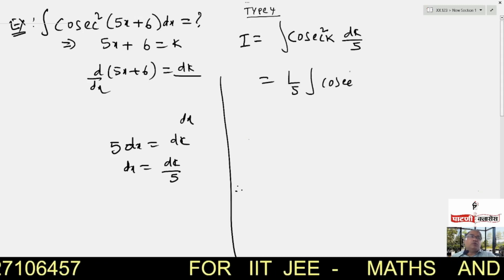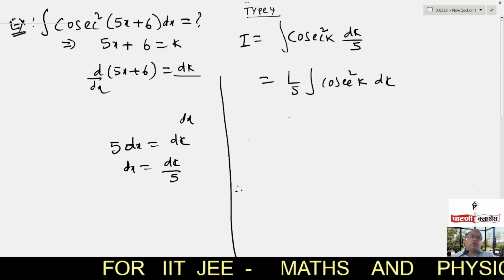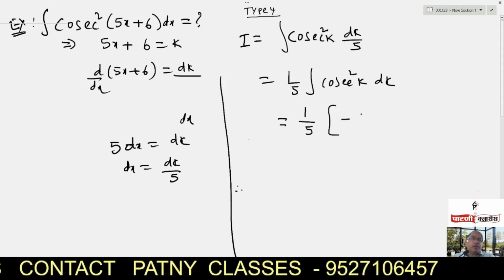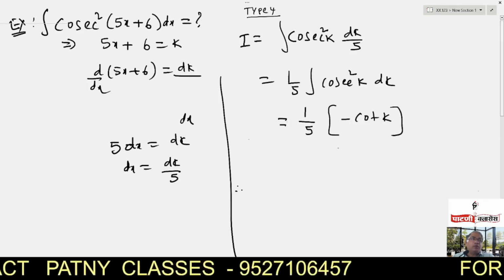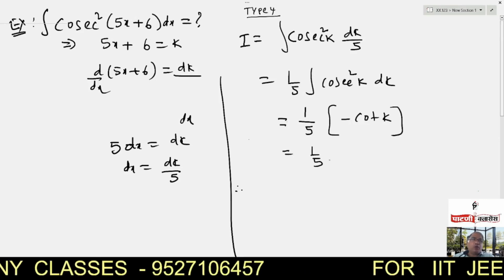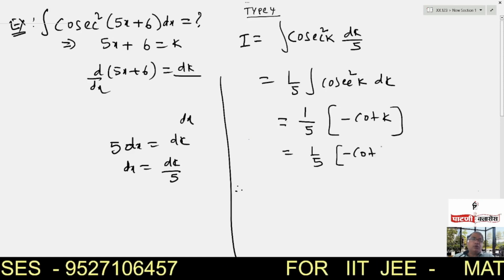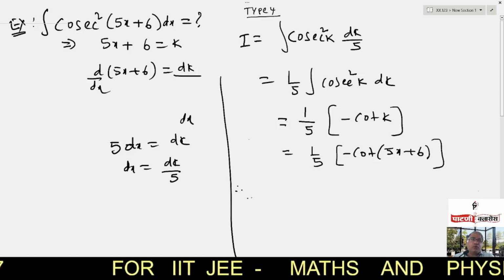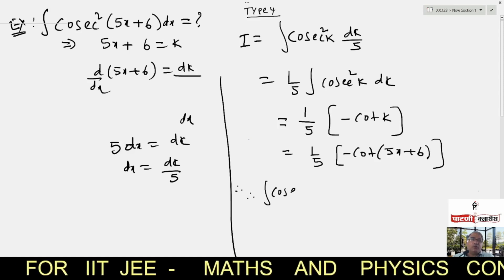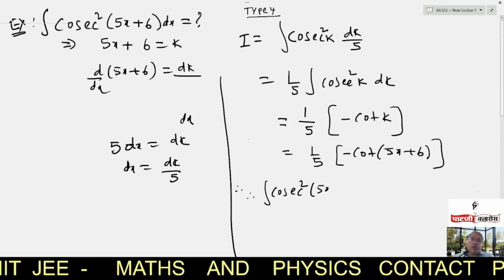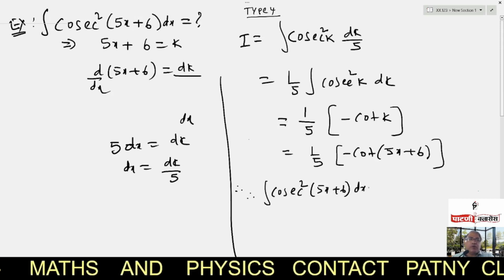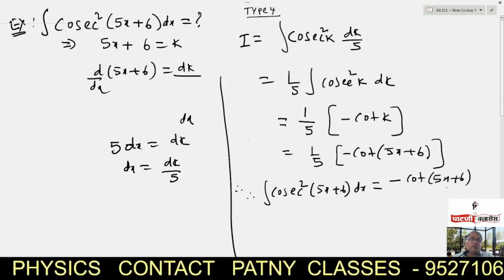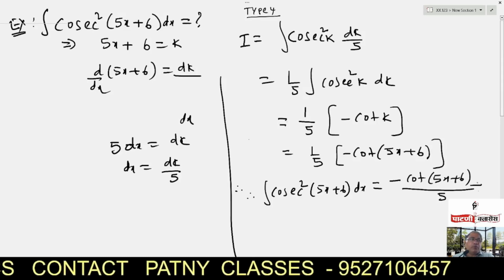Integration of cosec square k is minus cot k, so it is 1 upon 5 times minus cot k. Back substitution: 1 upon 5 minus cot of 5x plus 6. Therefore, integration of cosec square of 5x plus 6 with respect to x equals minus cot of 5x plus 6 upon 5 plus c.